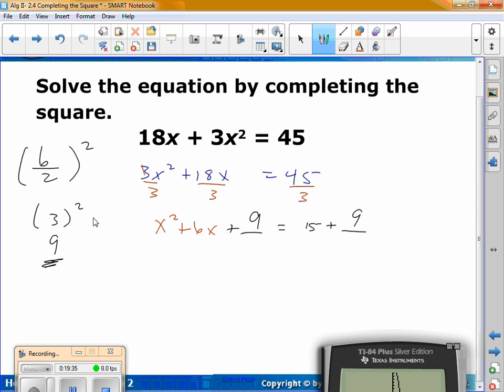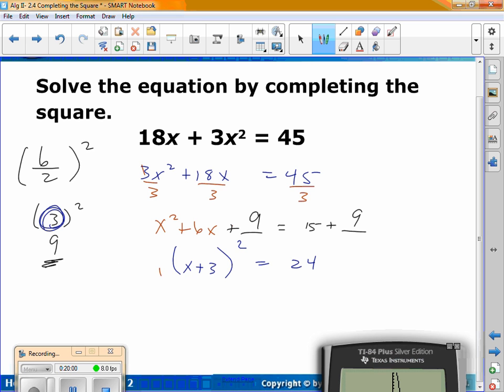My next step, when I factor this, it is going to be (x + 3)². If you think about it, square root's x, square root's 3. What's 15 and 9? 24.